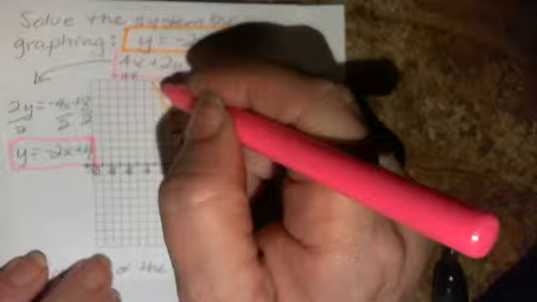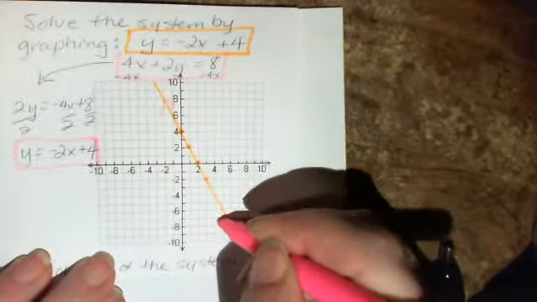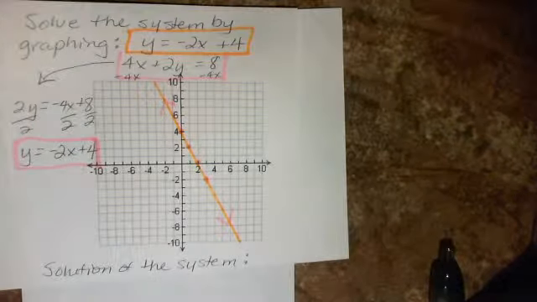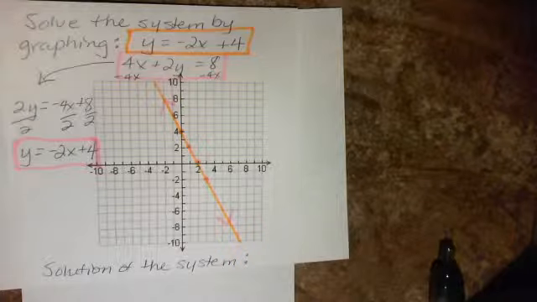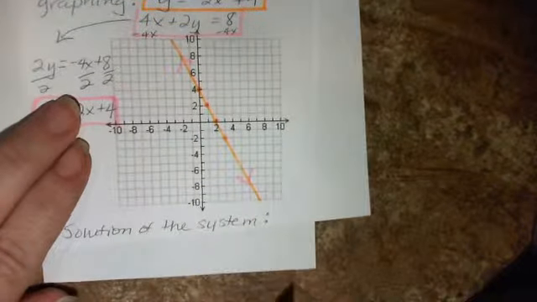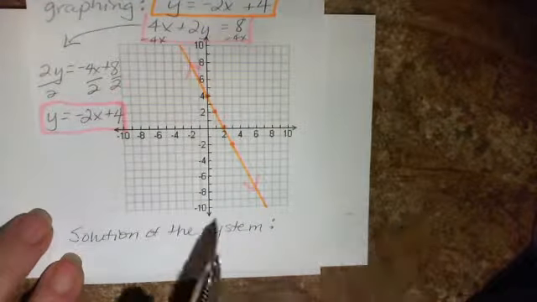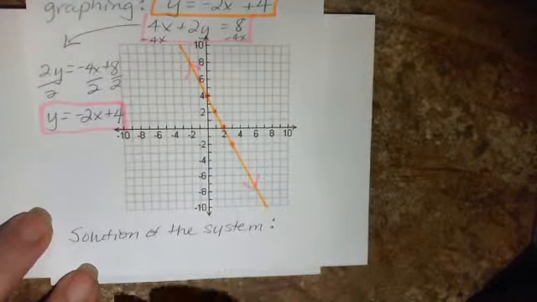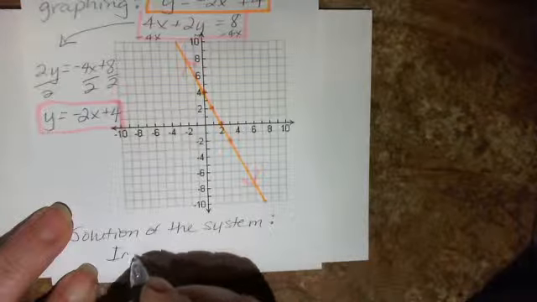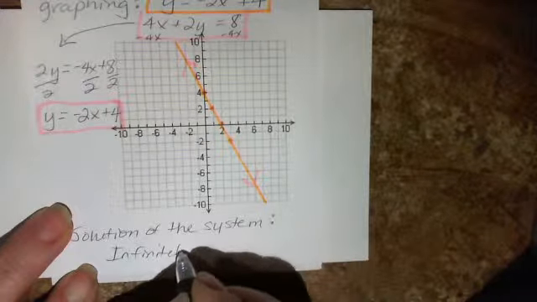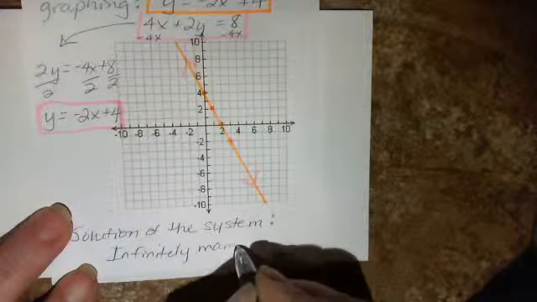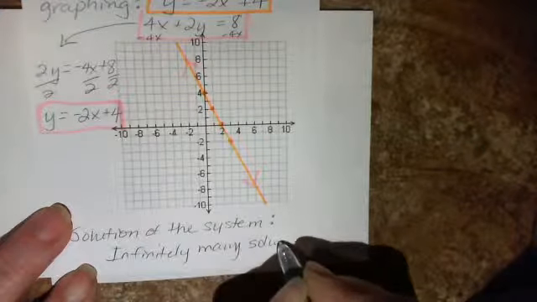It has all the same points. So we're going to show that one line graphs on top of the other. So for the solution of the system here, because the two equations share all the same points, we say there are infinitely many solutions.